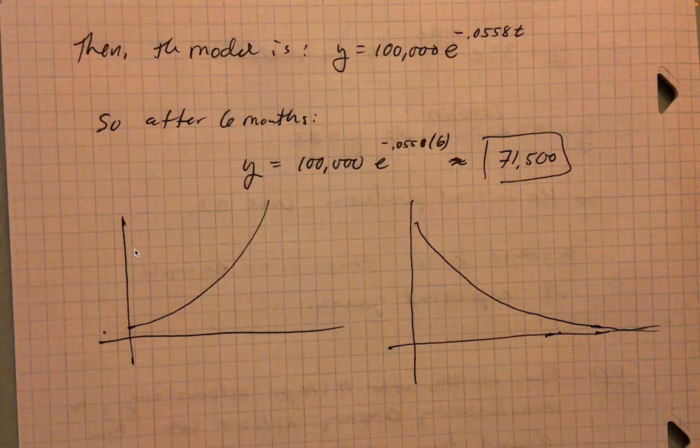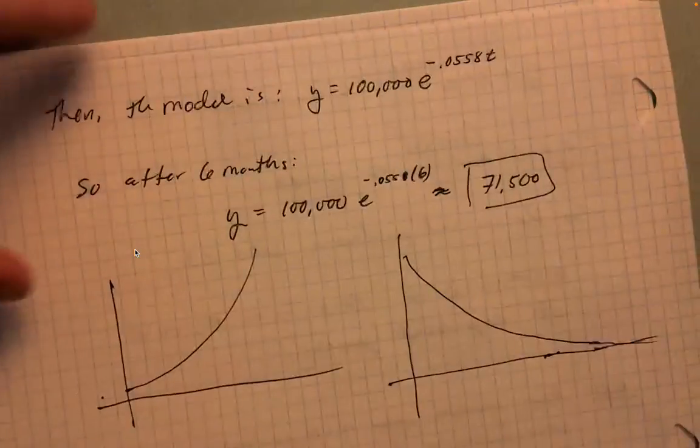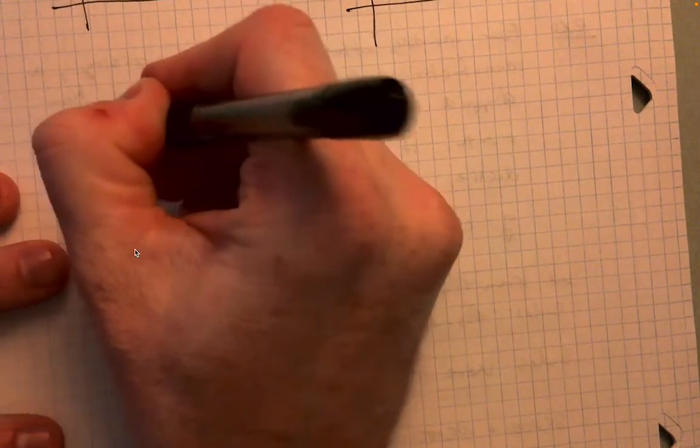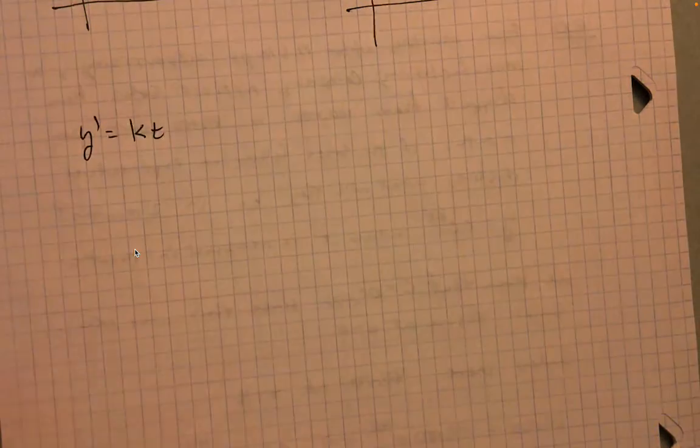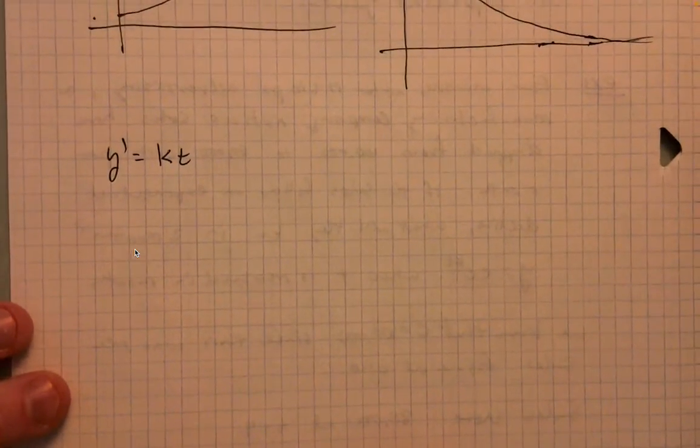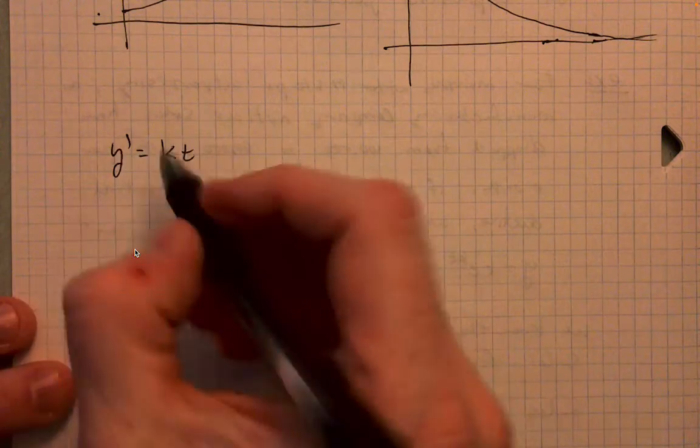So again, this has been kind of an introduction to differential equations. Specifically, we were looking at the example of y prime equals ky being sort of the relationship between the rate of change and the variable.